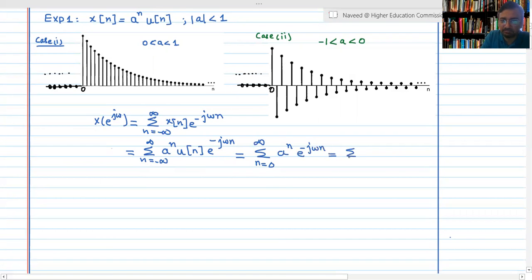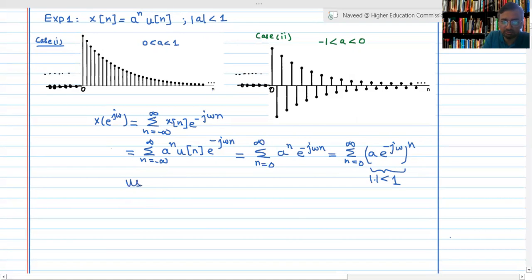In the next step, we can combine a^n e^(-j omega n) as (a e^(-j omega)) whole raised to power n, and the magnitude of a multiplied by e^(-j omega) is less than 1 because of this condition here. Therefore, we can apply the infinite sum formula.